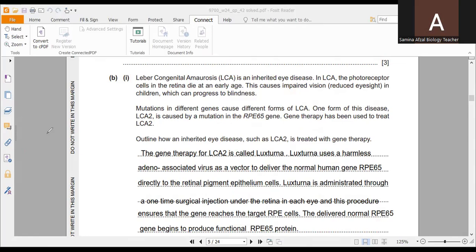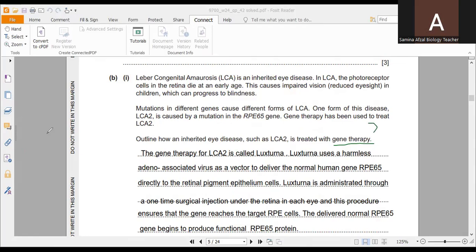So here, first of all, the question is, what is gene therapy? In the previous part of this question, I discussed that genetic engineering can be done using different techniques, and one of them was gene therapy. Gene therapy is a medical approach that aims to treat or prevent disease by correcting underlying genetic problems, often by replacing a faulty gene with a healthy one or introducing a new gene into the body.